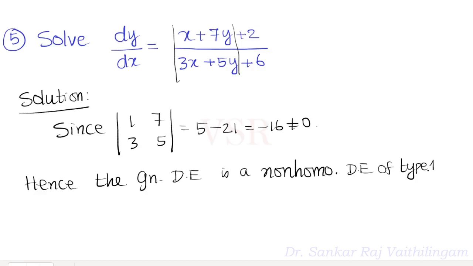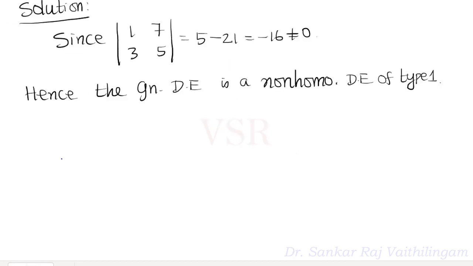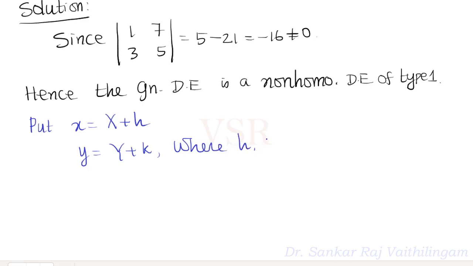Okay, so what do we need to do? We need to make it the first type. Since it is the first type, I am going to give a value to x and y. So put small x equal to capital X plus h and small y equal to capital Y plus k, where h, k are constants.